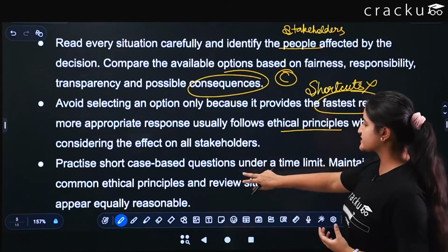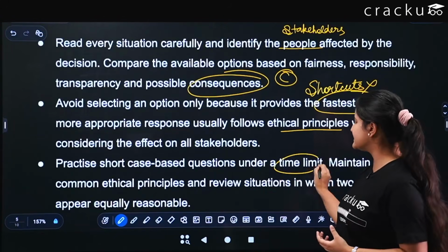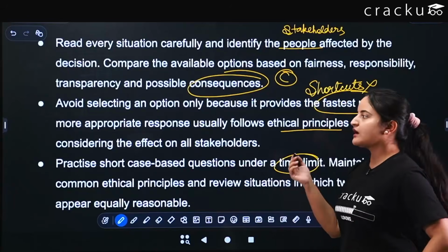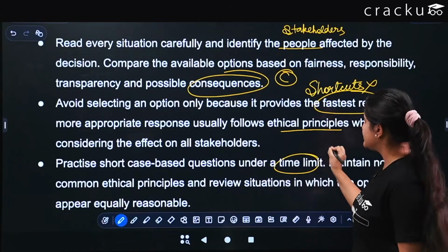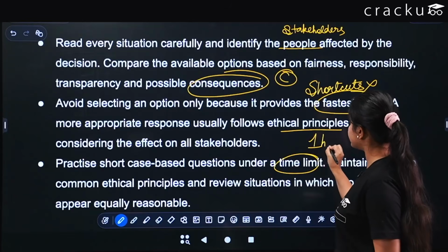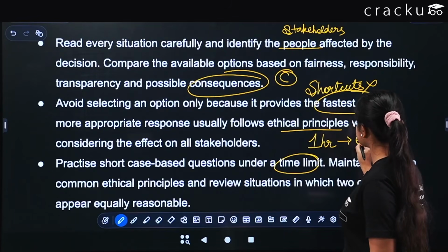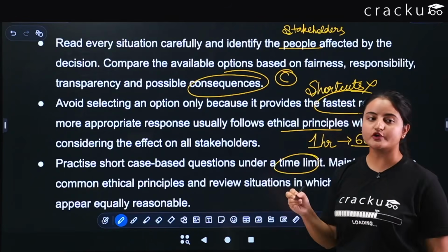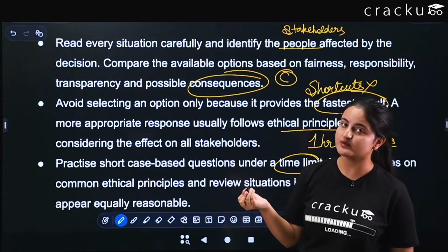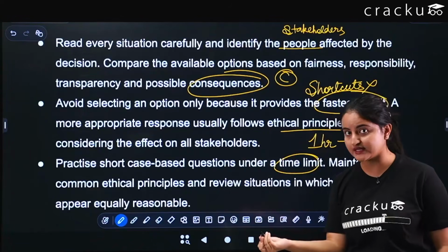Practice short case based questions under a time limit. This is very important, guys, because how many hours do you have for SNAP exam? You have just 1 hour, okay? And you have 60 questions, wherein you will have questions from your logical reasoning, mathematics, everything which might take time.